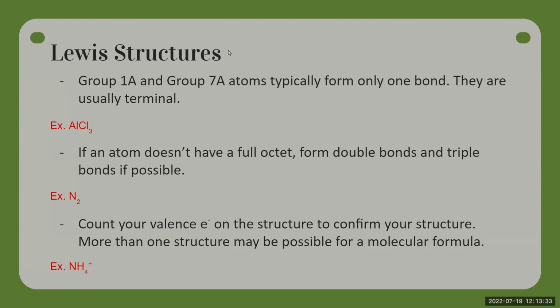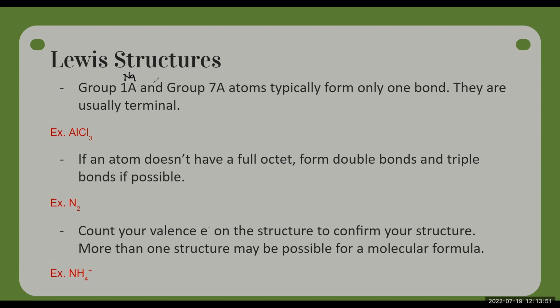All right, so here are some general pointers or tips that I like to use when I draw Lewis structures. Group 1A and 7A atoms. An example of a group 1A atom is sodium, and a group 7A atom is basically any halogen.